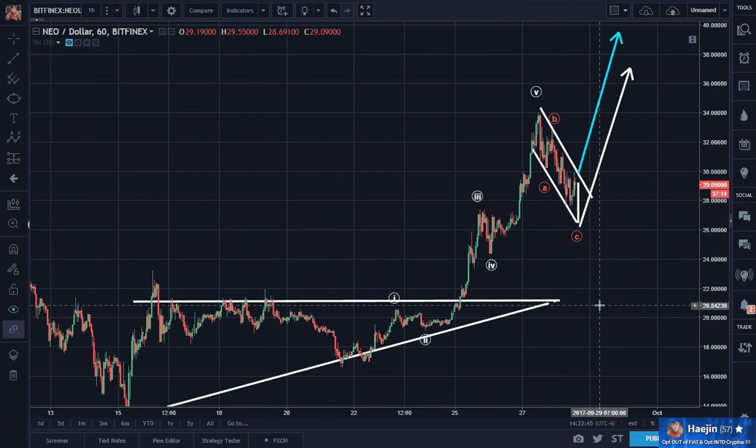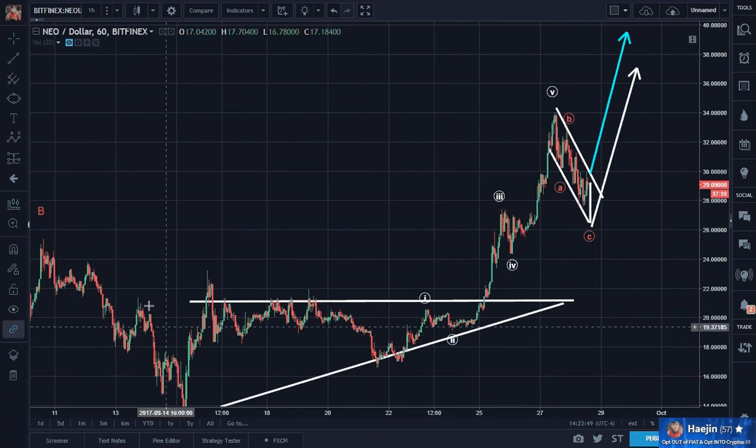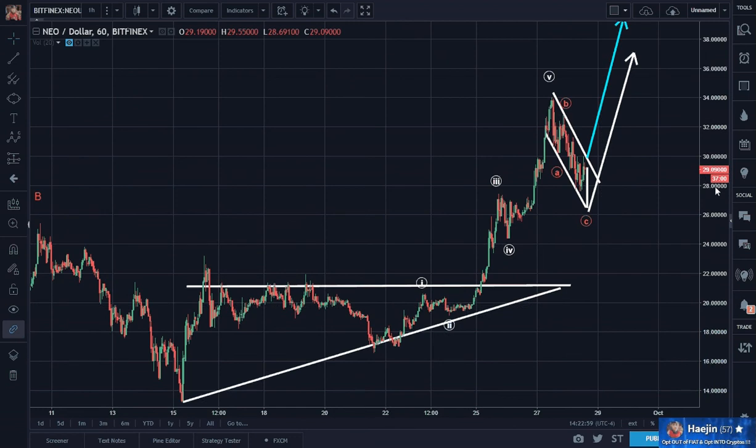So NEO could be having similar sentiment as Bitcoin, but it could be leading Bitcoin with regards to not only prior impulse of 5 and the correction, but also the rise out of the correction.